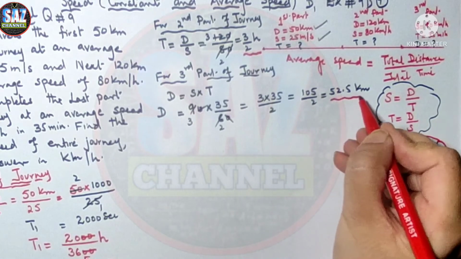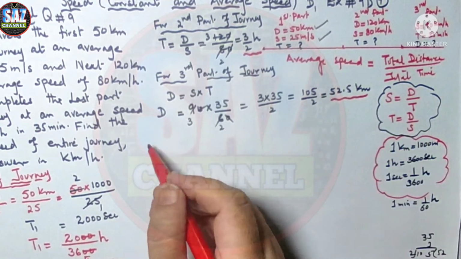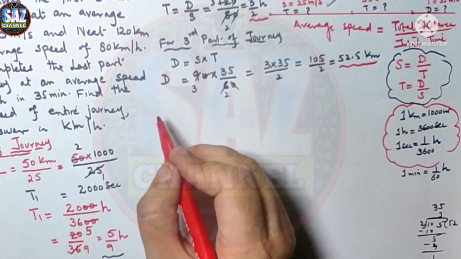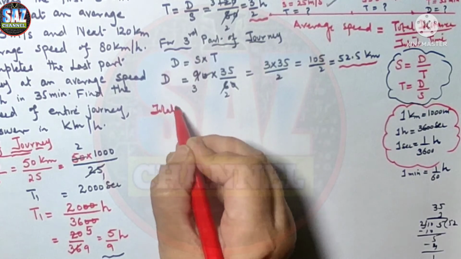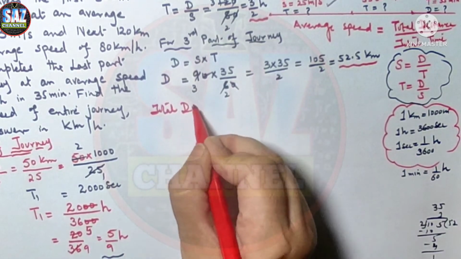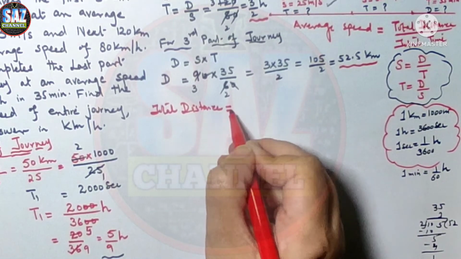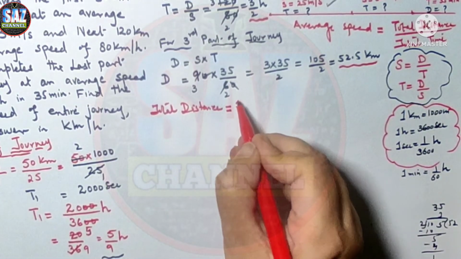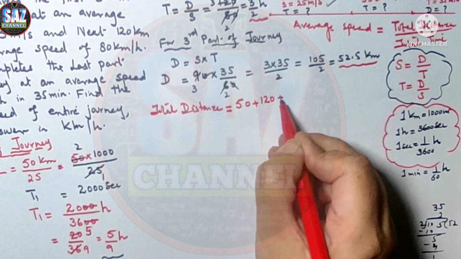So in order to move to the actual requirement of the question, we have to do two further calculations. One is the total distance. Total distance for the entire journey equals 50 plus 120 plus 52.5.